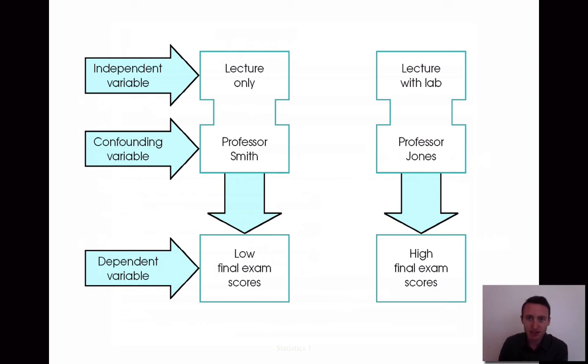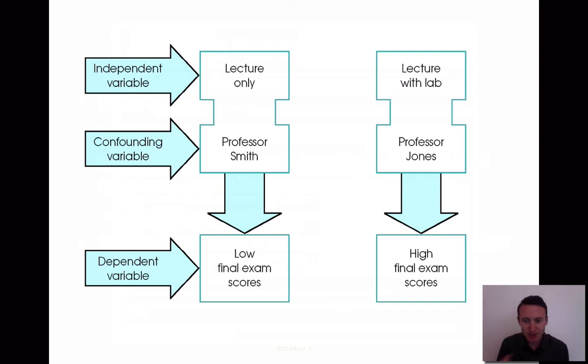Possibility number one is that they received the lecture with the lab component, and it's possible that the lab component adds to their understanding of the course and increases their grades. But the second possibility is that there's something about Professor Jones. Perhaps Professor Jones is a better teacher than Professor Smith, and therefore we don't know what caused the higher grades.